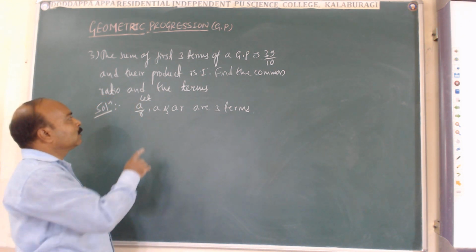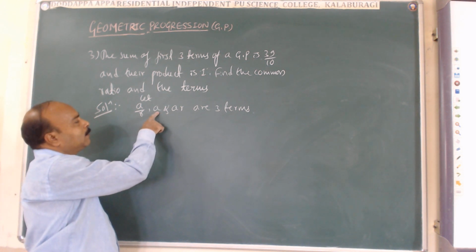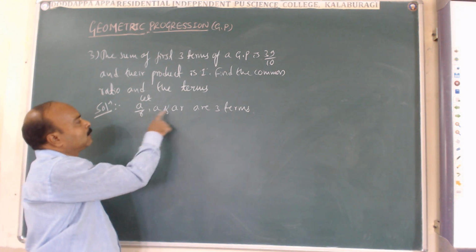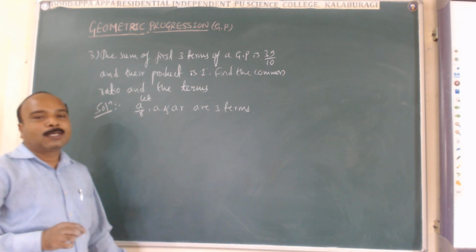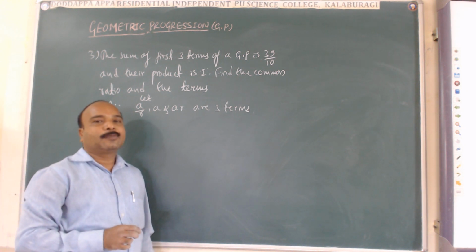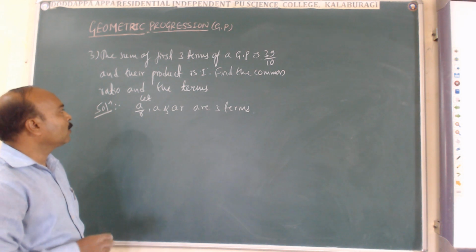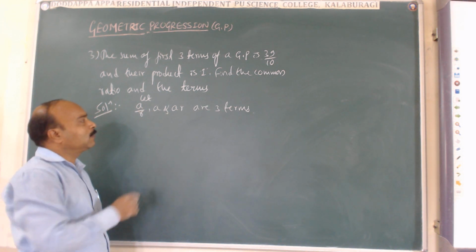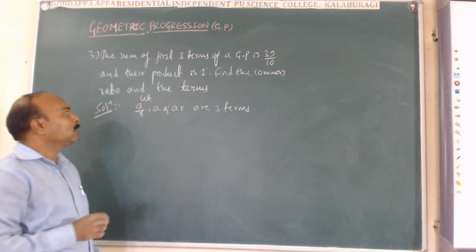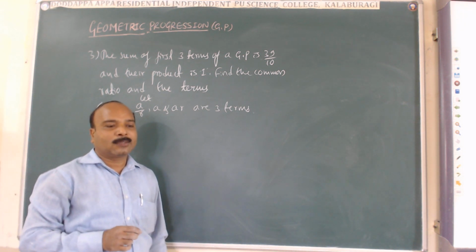I have taken this because if you take common ratio of this and this, you get a by r, answer is r, ar by a, again it is r, therefore we get the common ratio is constant, therefore they are in geometric progression only. Now we have to calculate what is the value of a and what is the value of r, and substituting in the given terms, that is a by r, a and ar, we get the answer to the given question.